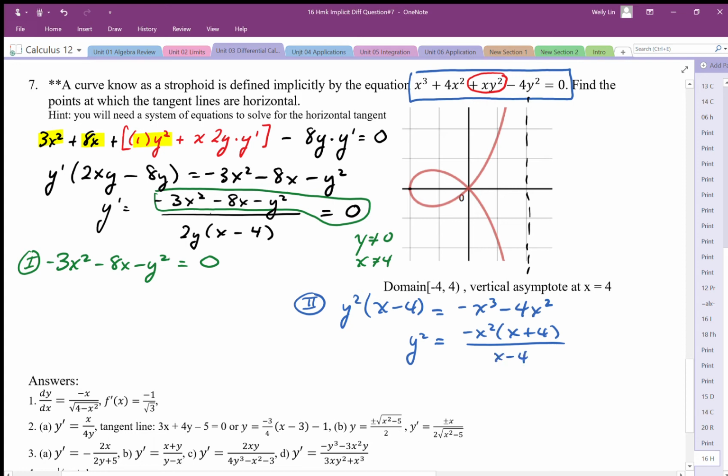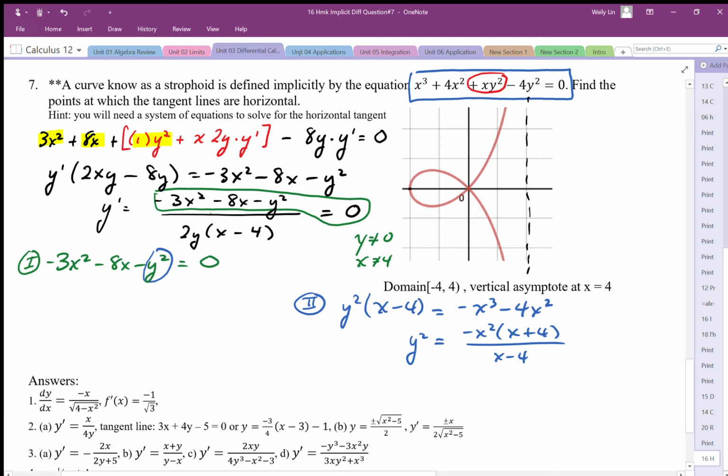So I'm going to replace that y squared using this system of equations. I've got my original equation for my derivative, and my second equation is based on the original function. That's the relationship between x and y. So I can then substitute and solve.